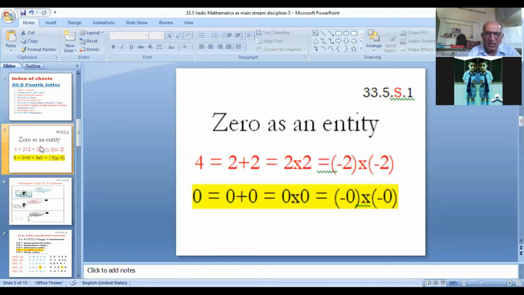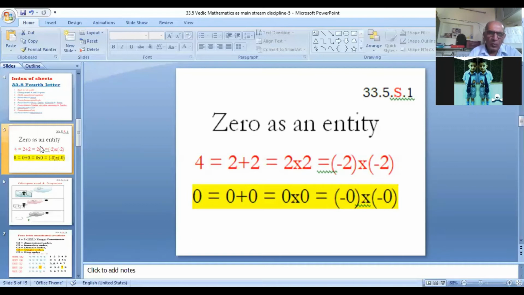These three are the basic features in terms of which the mathematics of numbers stands regulated along the geometric formats. Parallel to these features of number value 4, there are similarly formatted features for number 0 as well, as 0 is equal to 0 plus 0 equal to 0 cross 0 and minus 0 cross minus 0.